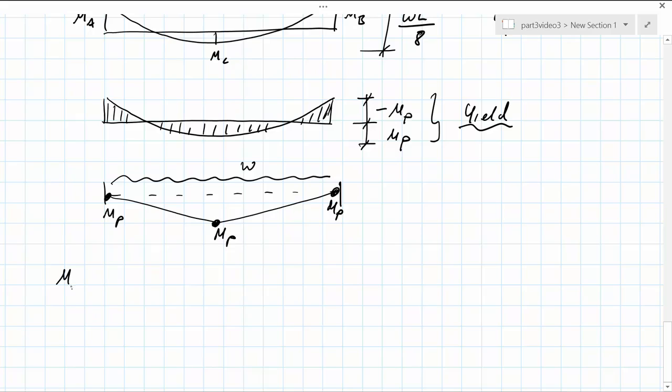We note then that MA has to equal minus MP and MB has to equal MP.